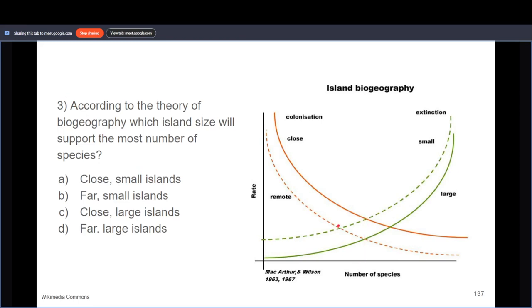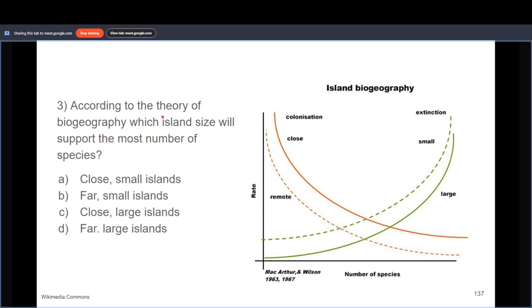But if we look at small, far away, remote islands, they have the least number of species. Because first of all, they are far away, so fewer species migrate there. And they are also very small islands, right? So it is very difficult for that particular landmass to support individuals.